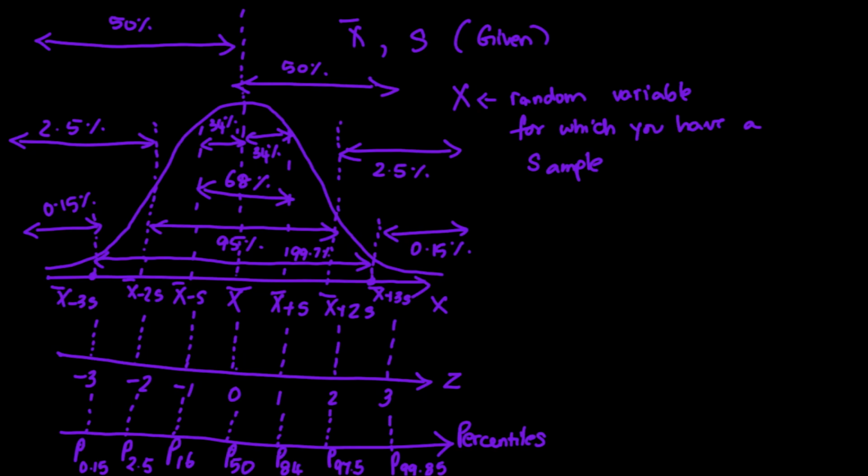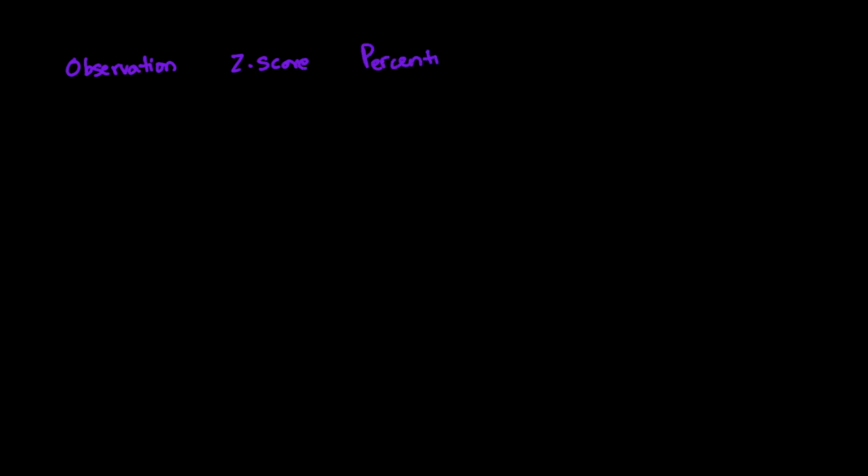As you can see, I have connected the observation with its z-score and the percentile. So if the observation is x bar minus 3s, its z-score would be -3, and the percentile would be P0.15.